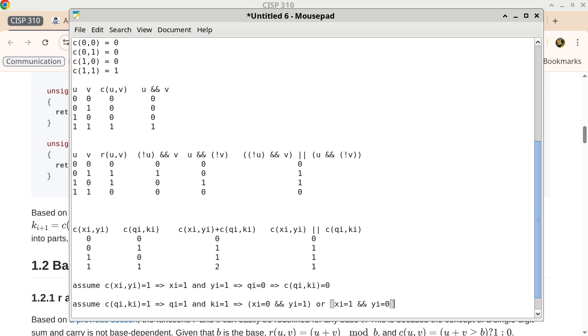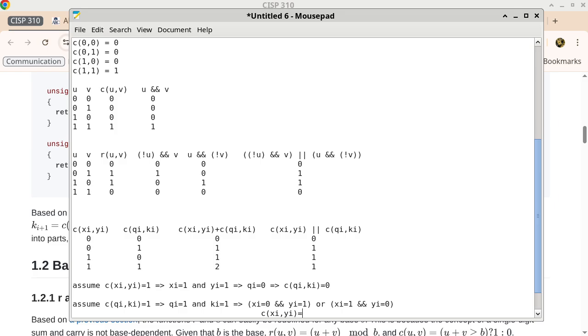Okay, now what can we possibly do about these two cases? I'm going to use this format here. In this particular case, if Xi is a 0, Yi is a 1, what is C of Xi, Yi?